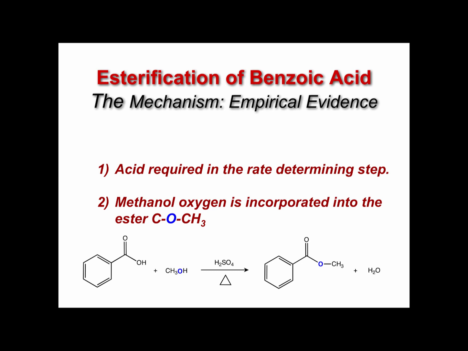Also, when they did labeling studies with oxygen 18, using methanol as the source, that oxygen 18 was incorporated into the ester at the alkoxy oxygen, not at the carbonyl oxygen. Okay? So whatever mechanism you develop, that alcohol oxygen should end up in that position. It helps guide how we develop the mechanism.